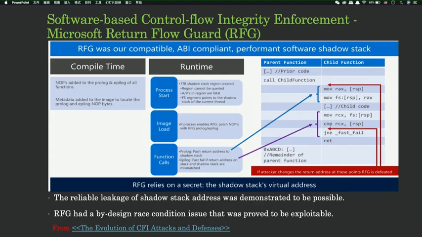But that's not easy to do, because when Microsoft implemented the so-called RFG, the return flow guard, one assumption is that the shadow stack is put into a location nobody knows, which means we don't know the base address of this software shadow stack. That's a good assumption, but in reality, everything is still in memory. So there are ways to find out where this base address is.